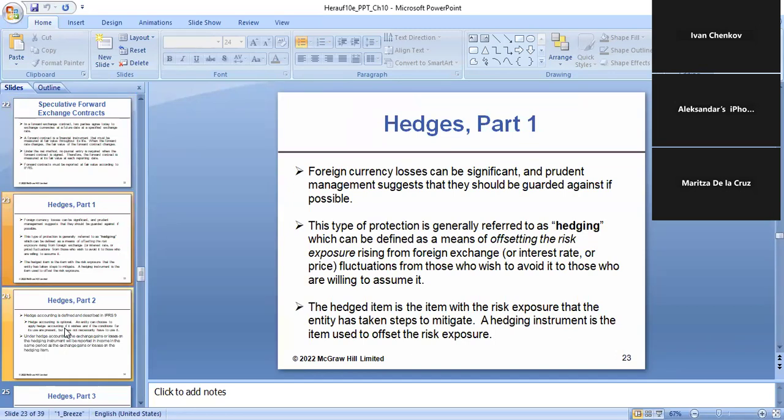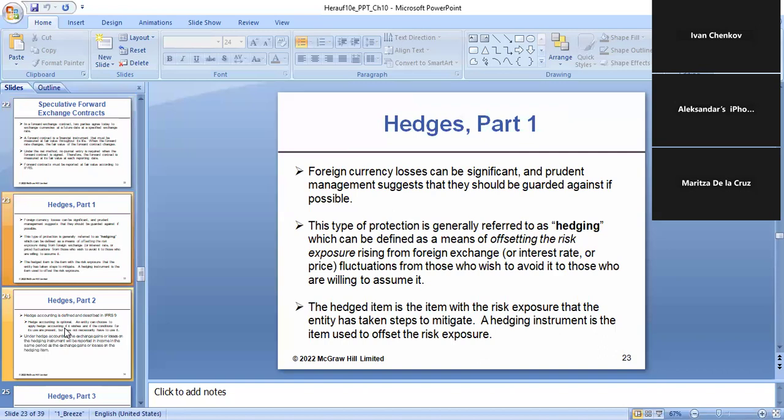What comes handy here is a type of protection which is generally referred to as a hedge. Now the hedge can be defined as offsetting the risk exposure, which comes from three types of risk. In finance, if you don't remember, there are three types of risks that can happen. One risk is commodity price.